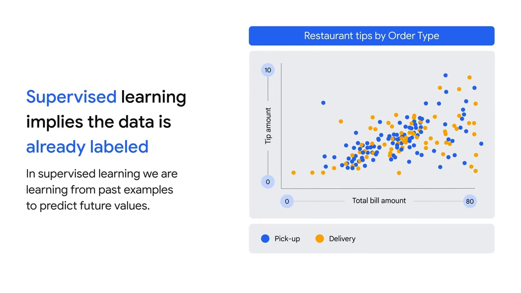You have historical data of the bill amount and how much different people tipped based on order type, whether it was picked up or delivered. In supervised learning, the model learns from past examples to predict future values, in this case, tips. So here the model uses the total bill amount to predict the future tip amount based on whether an order was picked up or delivered.